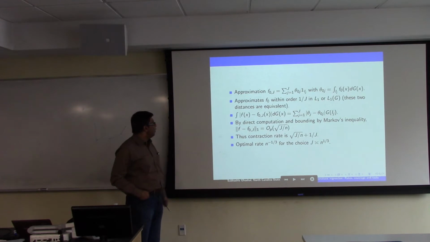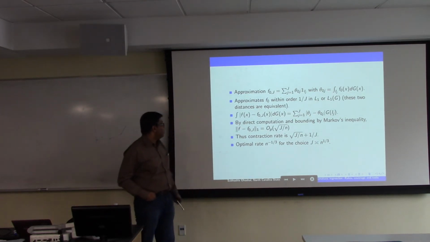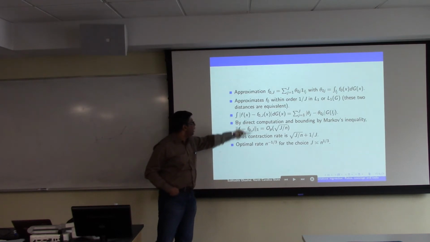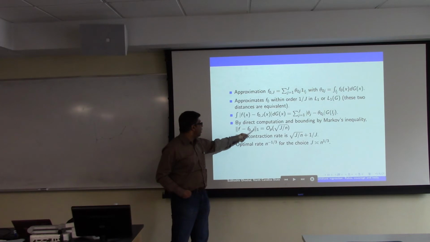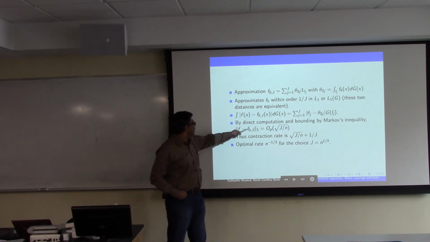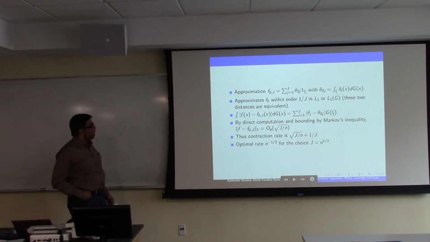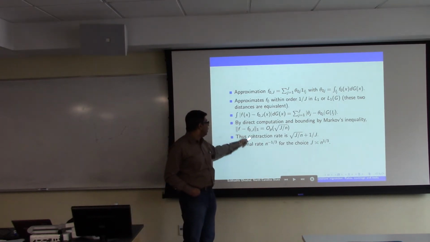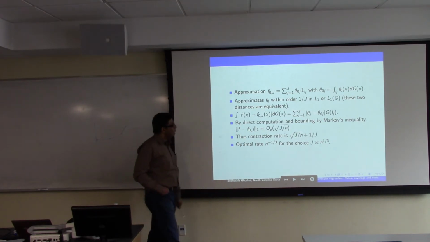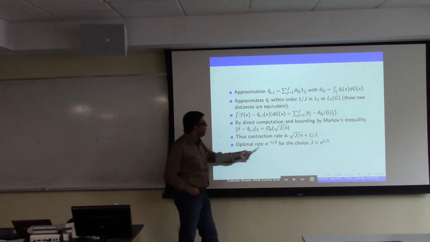Then the difference between f and the target f0 splits into two parts. One is the approximation error that contributes 1 over j, and another is the estimation error. By direct computation, we have explicit expressions with bounded probabilities by Markov inequality, and straightforward computation gives this kind of error, root over j over n. So the total error is this.